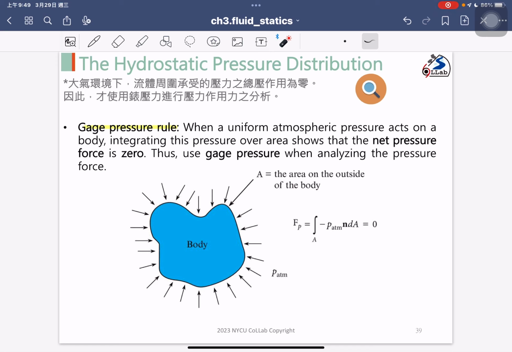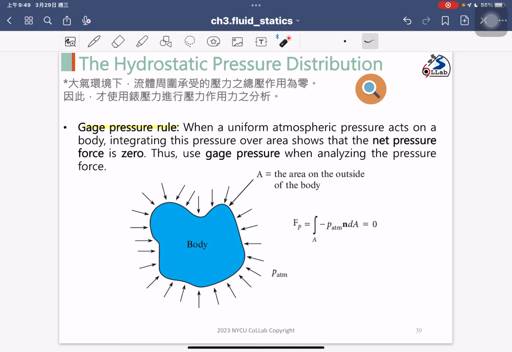The reason is that we usually consider problems just based on gauge pressures. Because with gauge pressure, the sum of all the contribution forces caused by the different pressures will equal 0. So we emphasize that when you have pressure problems, you just consider the gauge pressure.